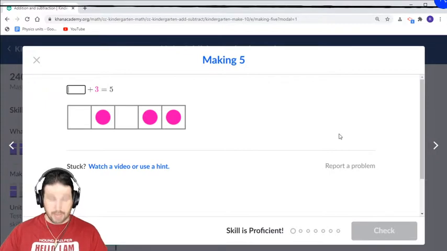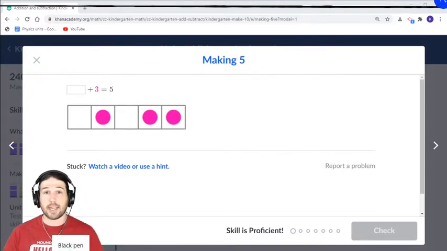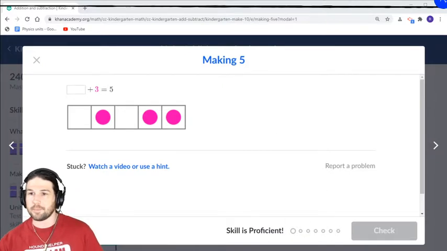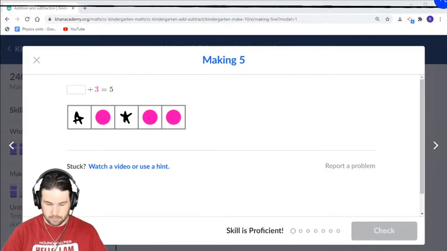Well, I imagine what your brain did is something along the lines of, well, 5 minus 3 is 2. So there are a few ways that I can look at this. Yes, 5 minus 3 is 2, or I can just note that there are 2 missing areas.